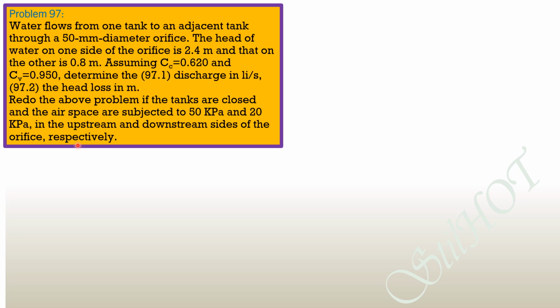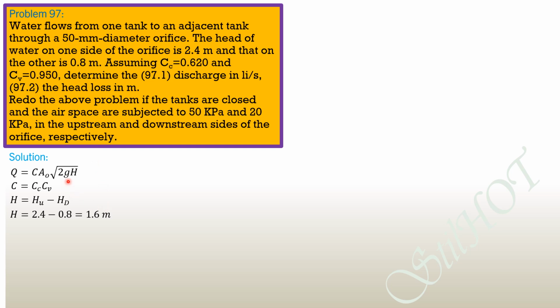So for the solution, discharge is Q equals C a square root of 2g h, actual discharge, where the head H for part 1 is just 2.4 minus 0.8, and C is C sub C times C sub V. So head is upstream head minus downstream head. It is equal to 2.4 minus 0.8, so 1.6 meters.